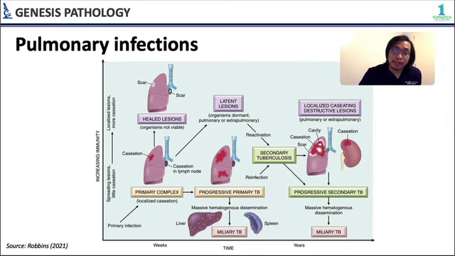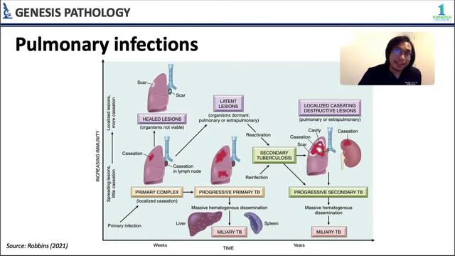Kapag Ghon complex kasi, it's your Ghon focus plus your lymph node. Okay? Then you can progress to progressive primary TB and magkaroon ng hematogenous dissemination and cause miliary TB, usually sa mga immunocompromised na yan.